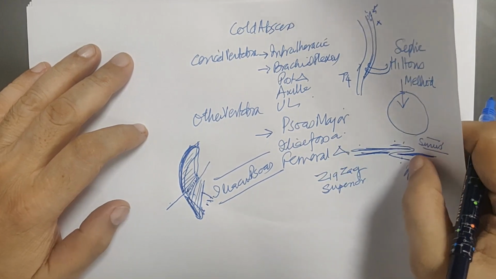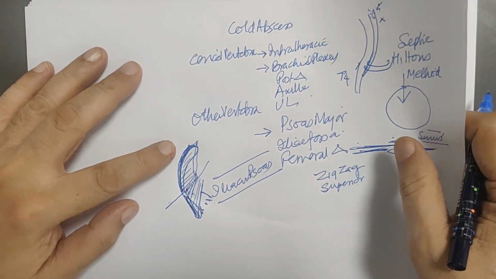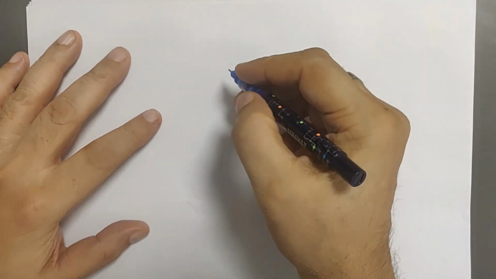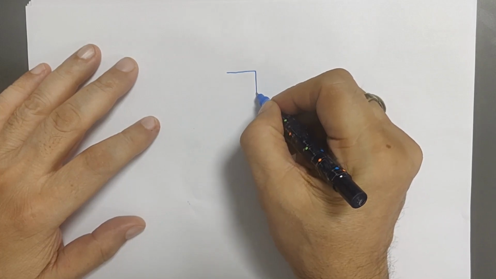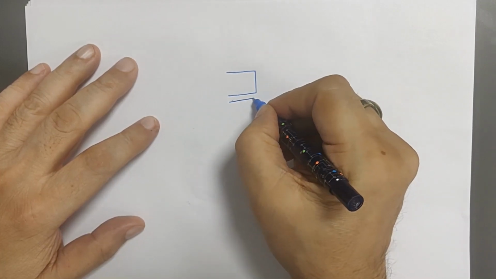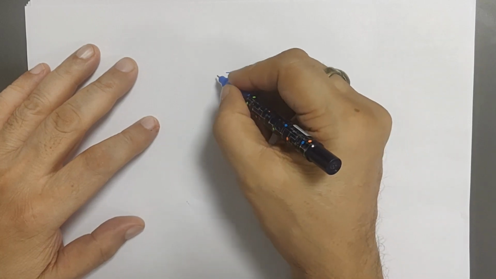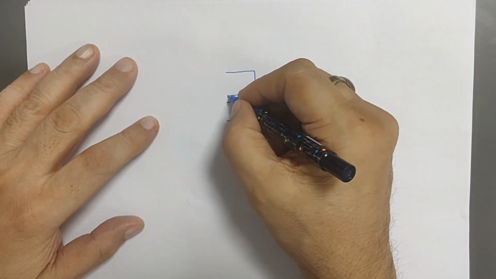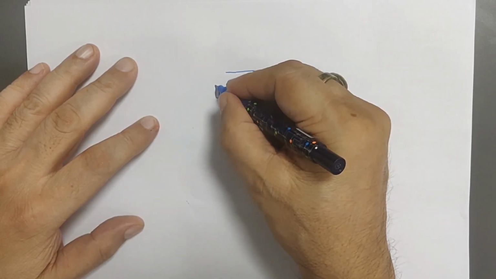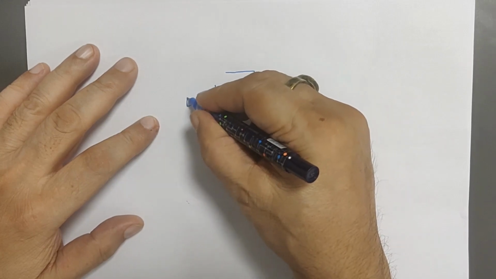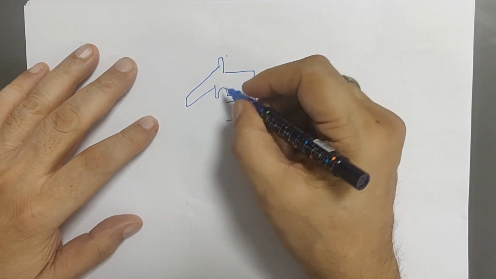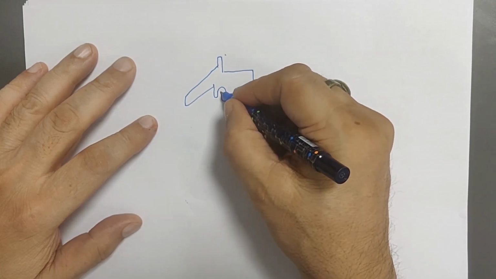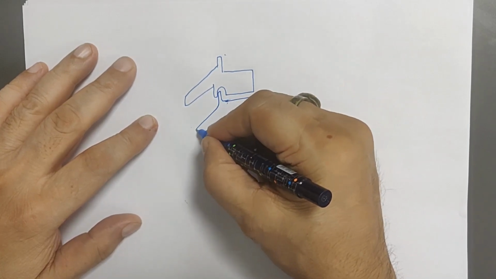So this is the basic pathology of tuberculosis, and one of the important places that tuberculosis can involve is the intervertebral disc. So this is the intervertebral foramen. Here is the spine, and here you have the upper facet. The upper facet articulates with the lower facet here.